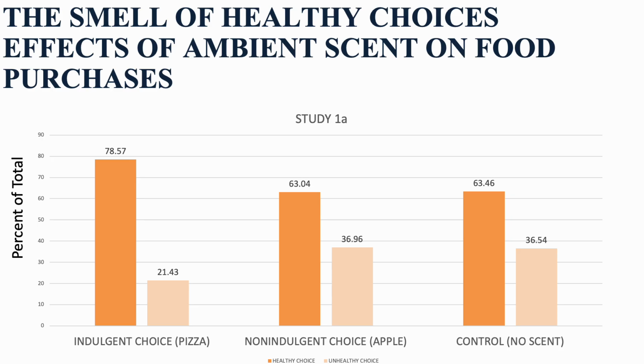But so anyway, you see that when people are in a situation where they have this ambient scent of an apple, or when they have no scent, they're about equally likely to choose unhealthy and healthy choices. But when the ambient scent is indulgent, in this case again a pizza, people are more likely to make healthy choices.